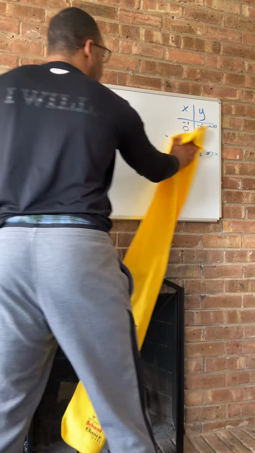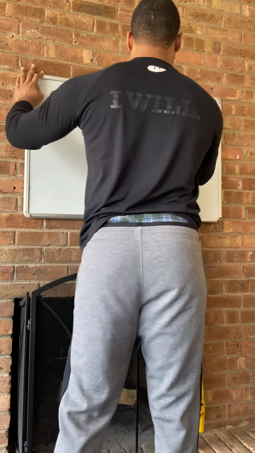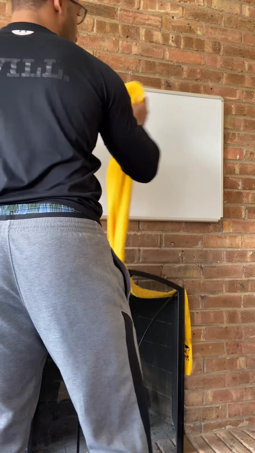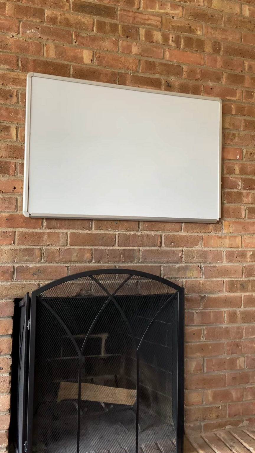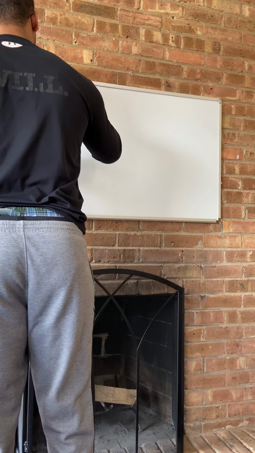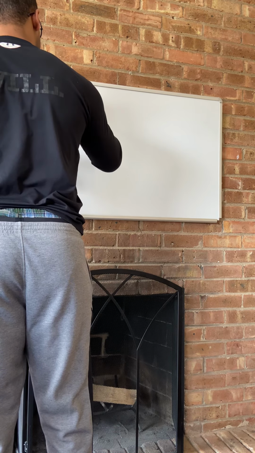We still find our vertical asymptote by finding our domain, setting our denominator equal to 0. This example was 1 over x minus 1.